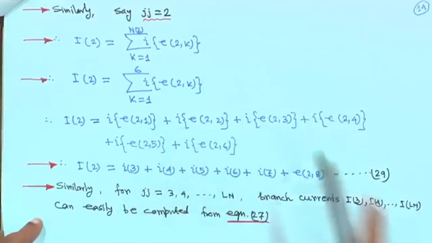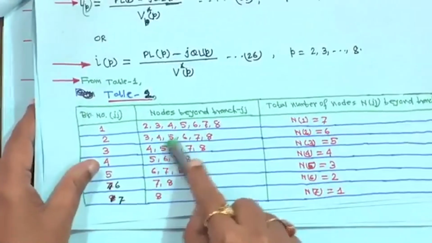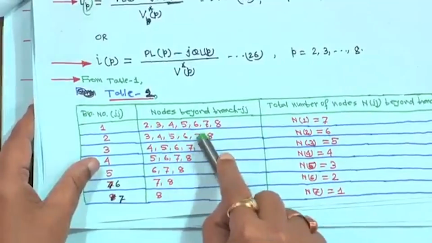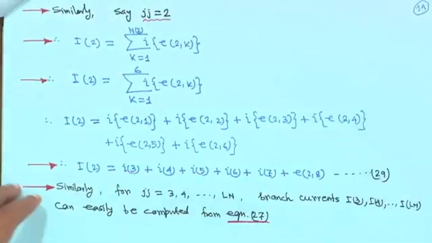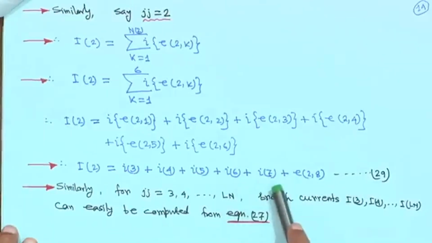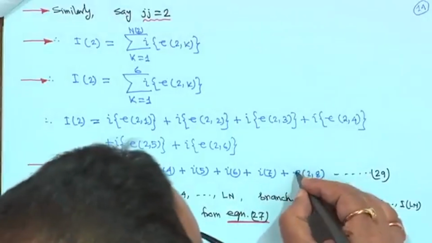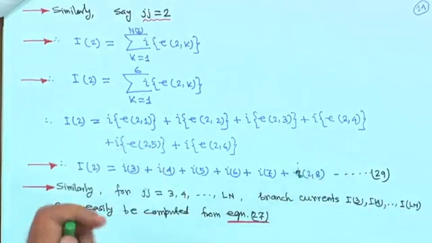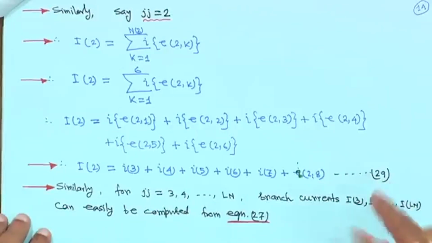So, all these data, 3 4 5 6 7 8, are read in the computer. Therefore, I2 is equal to I3 plus I4 plus I5 plus I6 plus I7 plus I8, right. Therefore, this is equation 29.